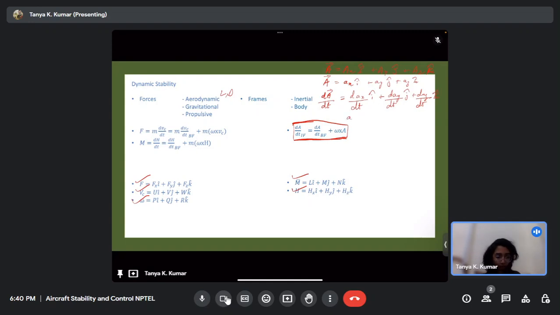Then, using the chain rule, Ax dI cap by dt plus Ay dJ cap by dt plus Az dK cap by dt. This was in the inertial frame.